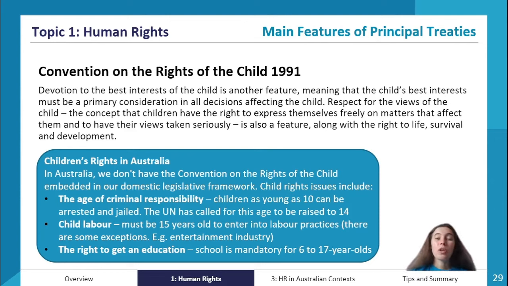So, another feature is this idea of the devotion to the best interests of the child. So, the child's best interests must be the primary consideration whenever we're making decisions about children or affecting the child. So, when we hear about different legal cases in society, we hear about how this decision was in the best interests of the child.